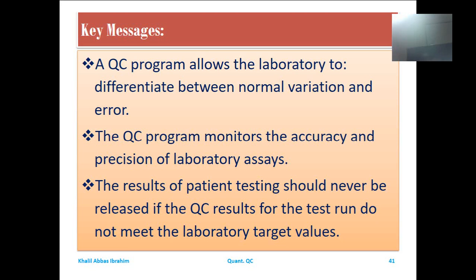So errors are always there, but we don't see them because we don't look for them. Adopting an effective quality control program means that you are looking for the problems. Otherwise, you are accepting to provide your clients with service which is incorrect.